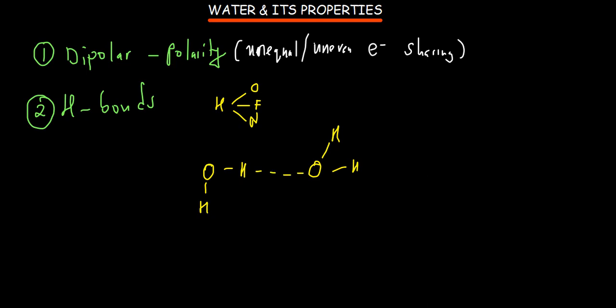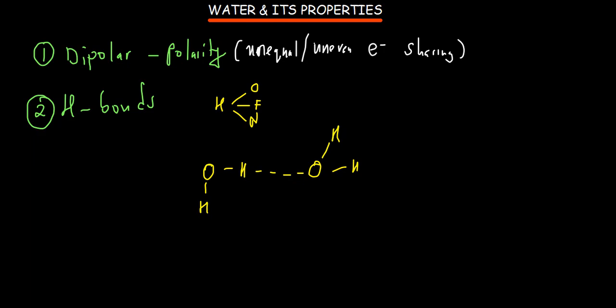Hydrogen bonds are weak bonds. Remember from chemical bonding, we said that the strongest bonds are covalent bonds, followed by ionic, and then hydrogen bonds, and then van der Waals forces, which are also known as London dispersion forces. So the hydrogen bonds are weaker, but they are longer. You can see the distance here is longer than this distance. But because in water you have a lot of hydrogen bonds, they end up being very strong.